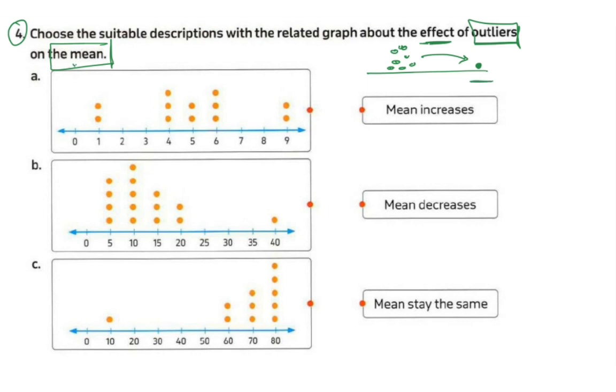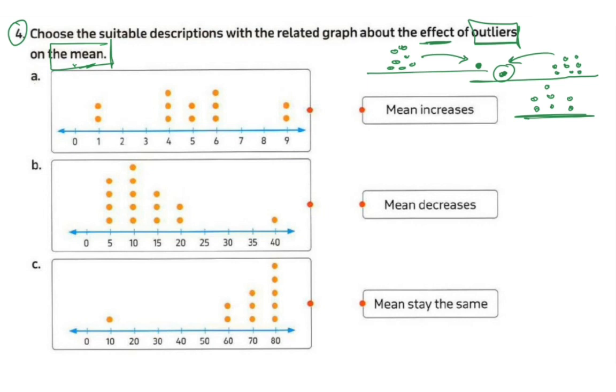But if you have these dots and an outlier to the left, the mean value will what? Will decrease. But if we have a symmetric dot plot, the mean value will stay without any change.